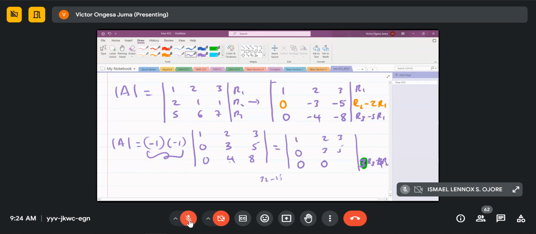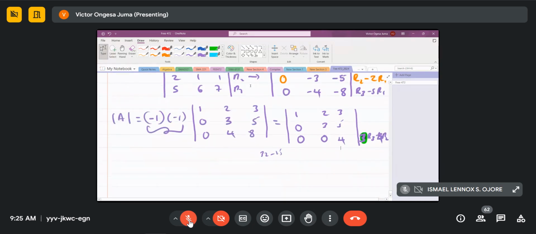I want to make them 0. So 0, 0, and then 3 times 8 is 24, minus 20, that's 4. And so I've gotten a triangular matrix U whose determinant is 1, 2, 3, and then 0, 3, 5, and 0, 0, 4.